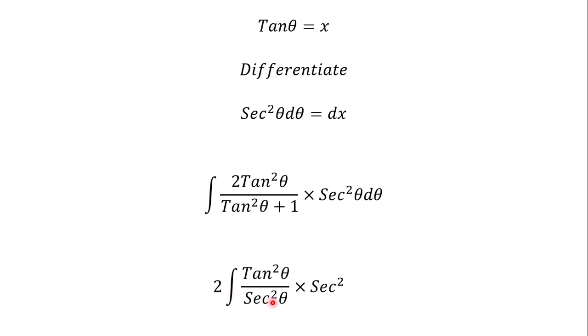And all those who were getting confused, I hope you are now safe. Okay, let's continue. After replacing this one, this is what we have gotten: tan theta squared divided by secant theta squared times secant theta squared d theta. Here secant theta squared will cancel out with this secant theta squared, and we are left with what? Tan theta squared.